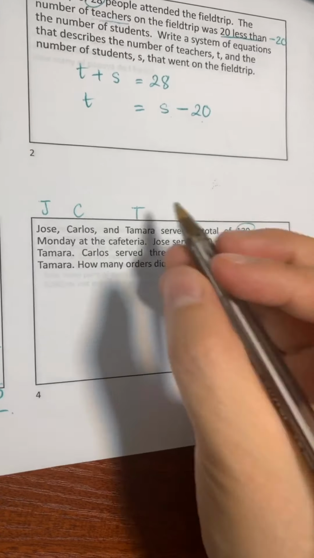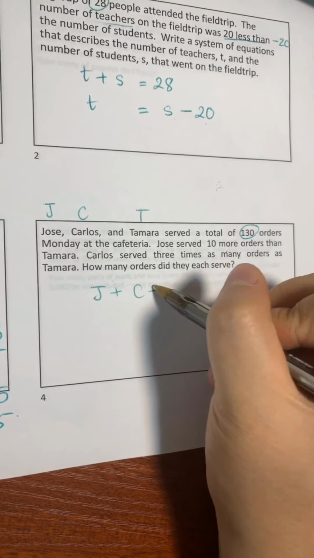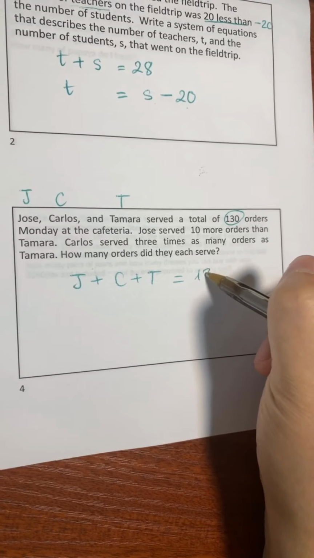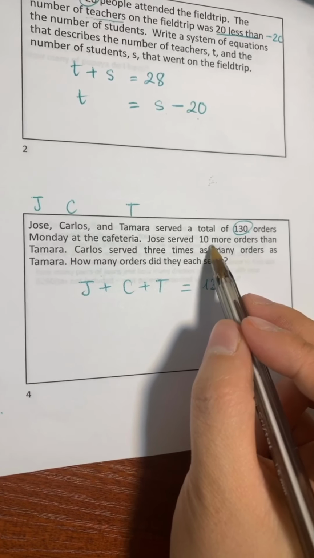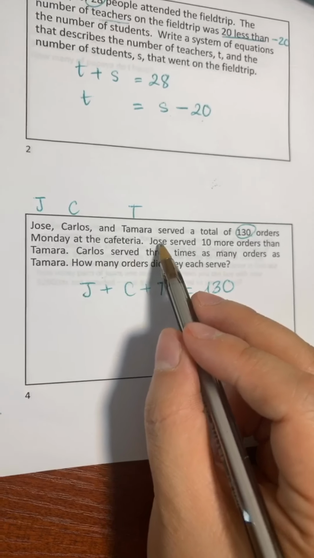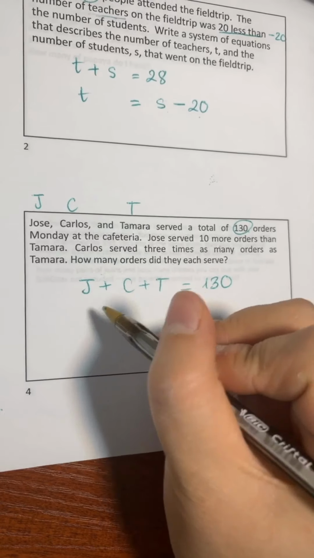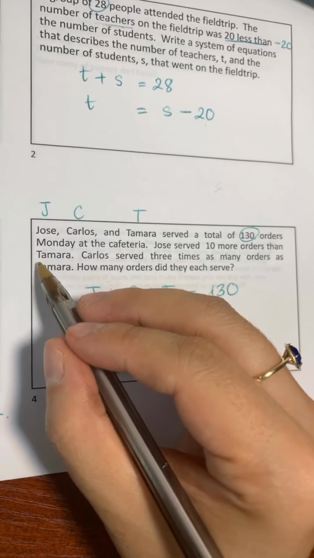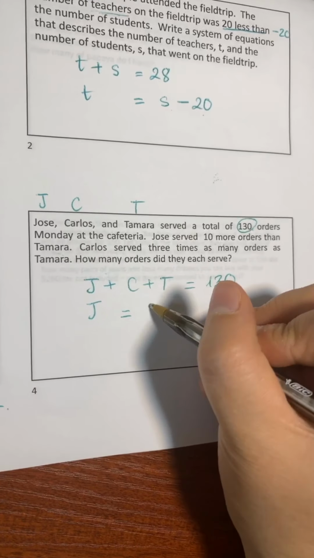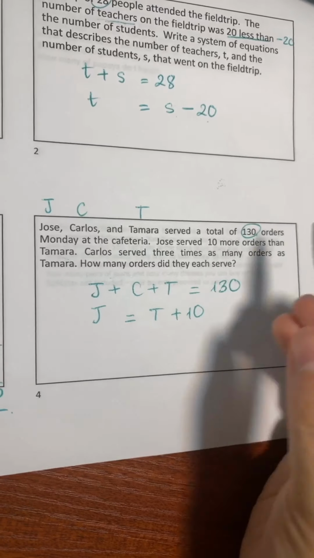So when you add all the orders, we have Jose plus Carlos plus Tamara's orders give us 130 orders total. And then Jose served 10 more orders than Tamara. Jose goes first in the sentence, so we're going to put Jose equals 10 more. That means we add to Tamara's orders, so it's Tamara plus 10.